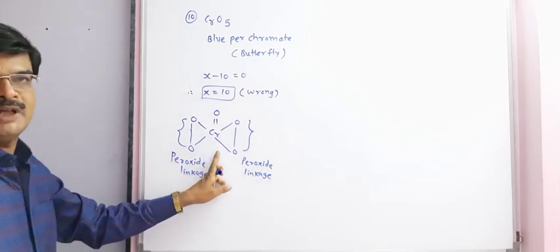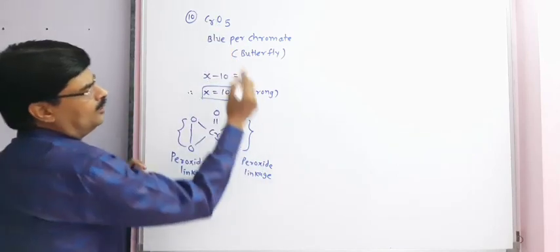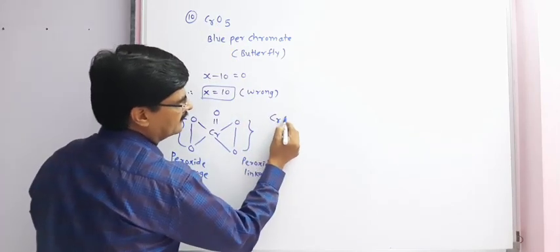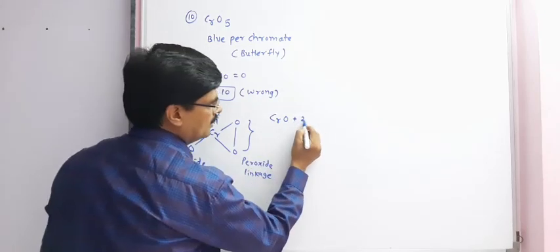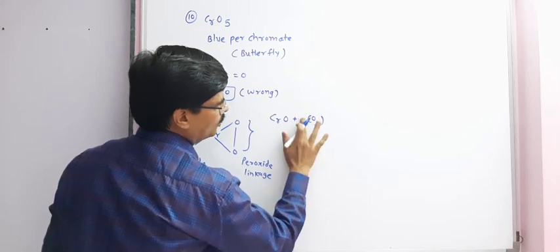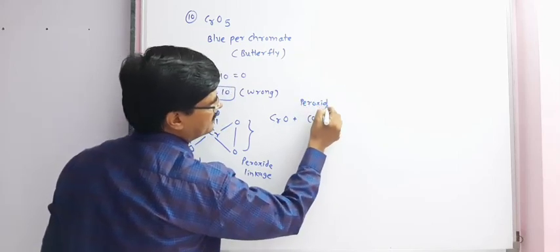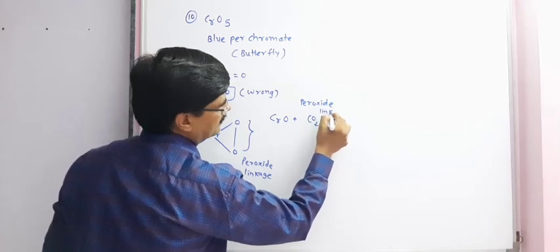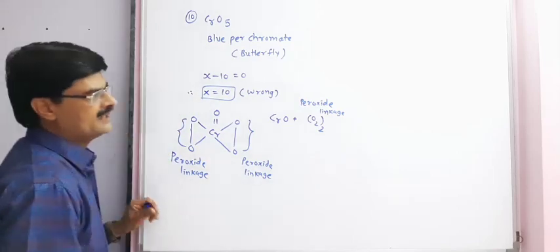So we have two peroxide linkages. CrO5 can be written as CrO plus O2 twice. This is a peroxide linkage.